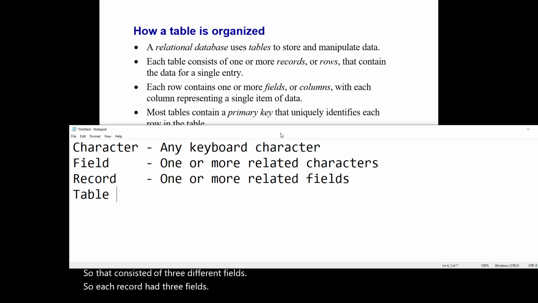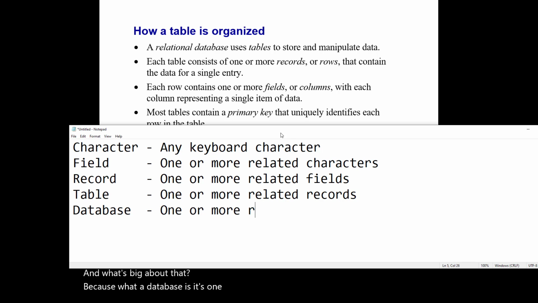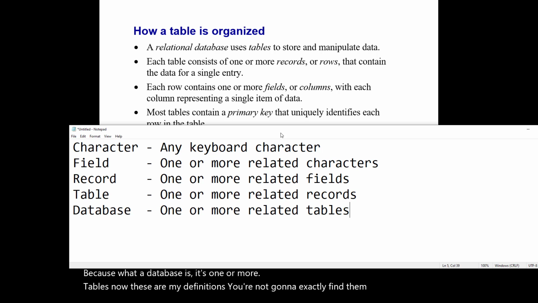If I add one or more related records together, I get what's called a table. And what's big about that? Because what a database is, it's one or more related tables. Now, these are my definitions. You're not going to exactly find them in most books.